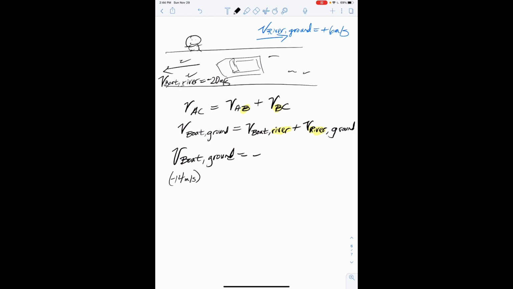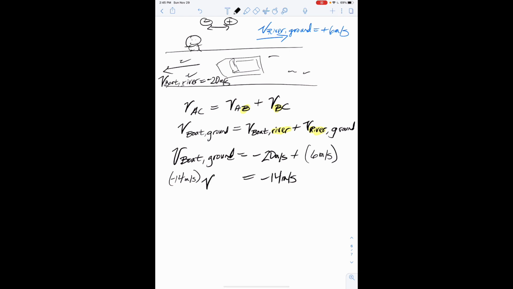Right, positive. And then we are going to add that to the velocity of the river relative to the ground. Now, if you're watching the river go past, it's still going 6 to the right. So this is going to be positive 6 meters per second. Negative 20 plus 6 is negative 14 meters per second, just like we predicted.